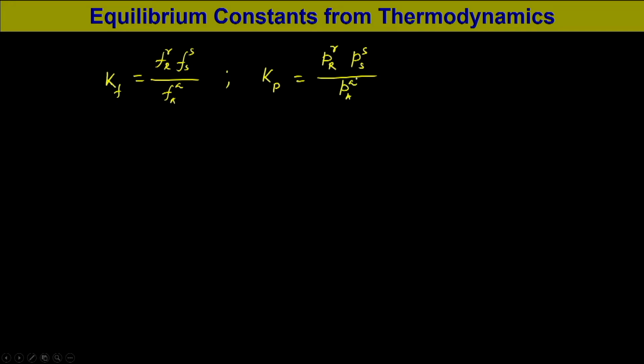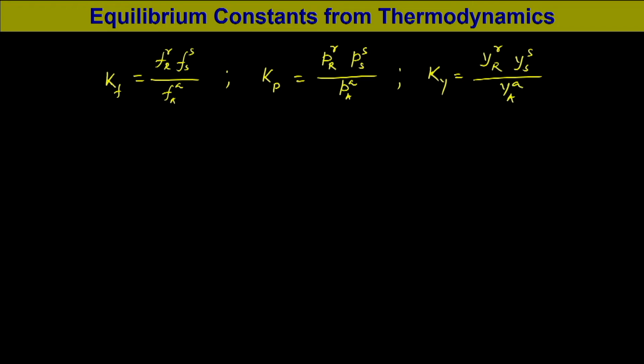We can also write in terms of the mole fraction, that is Ky, which is equal to y r to the power r, y s to the power s, divided by y a to the power a.